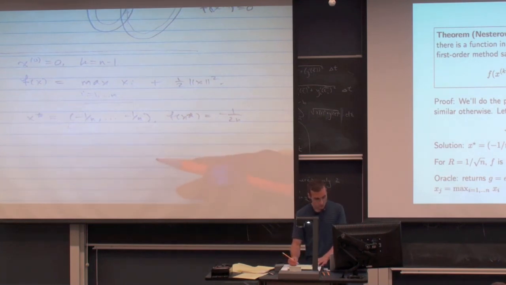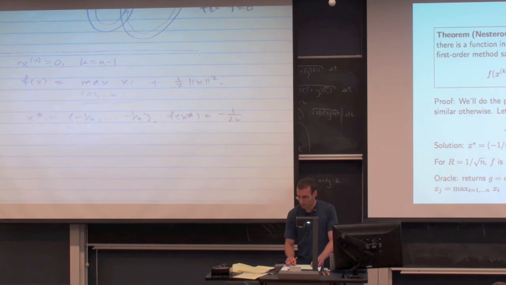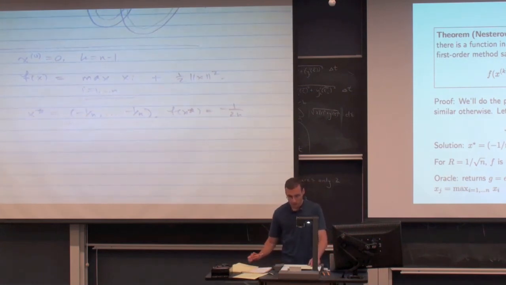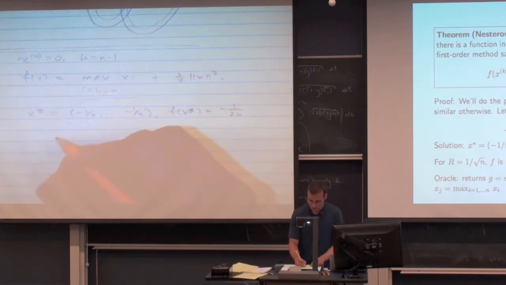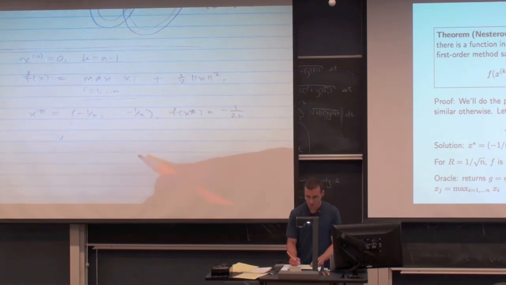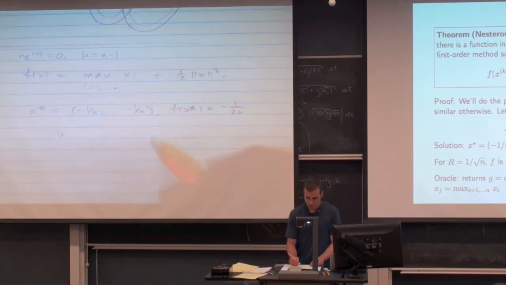Okay, so what do subgradients of f look like? Well, they're just going to be, let's say, v, which is a subgradient of the max term, plus x, right? And I want to make that equal to 0.